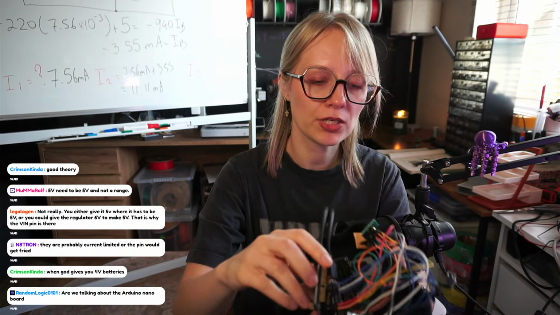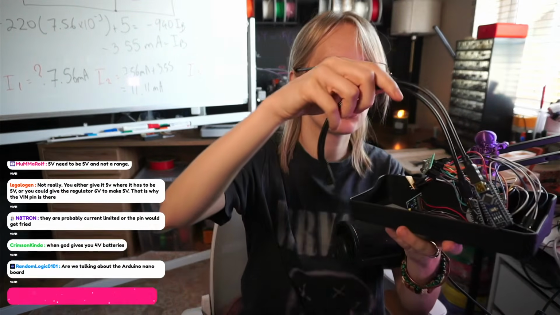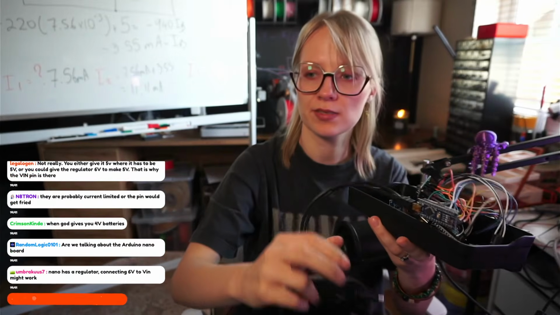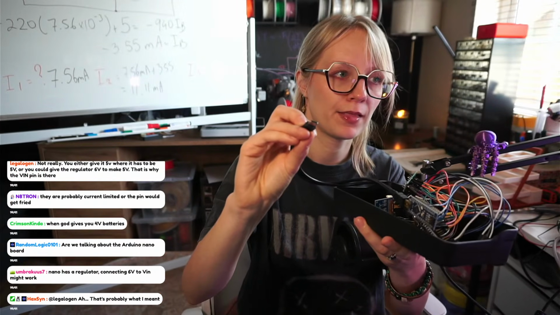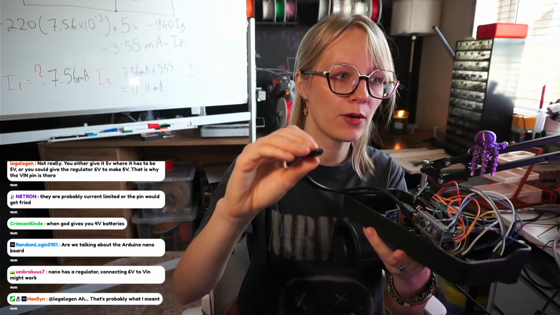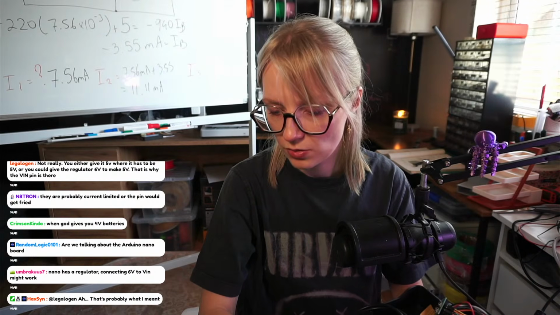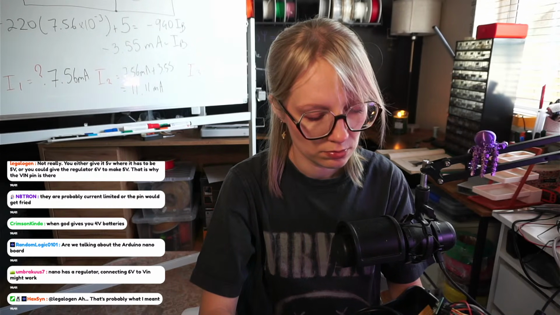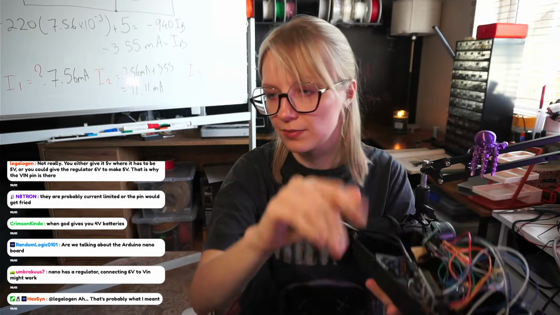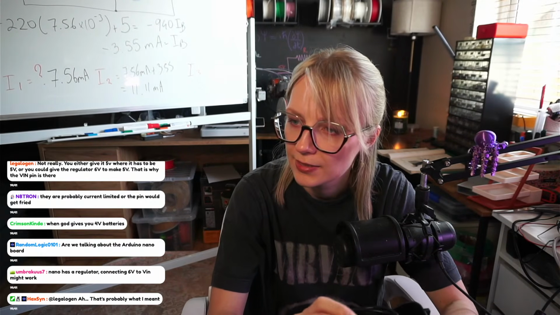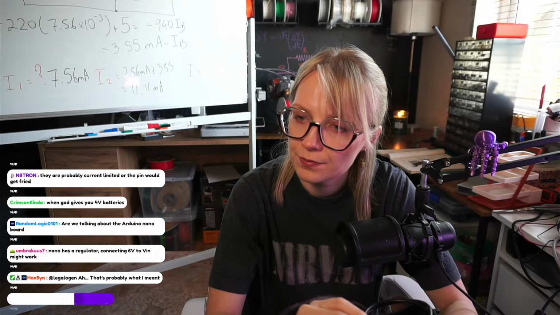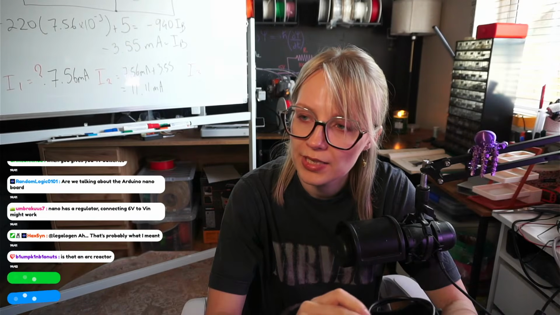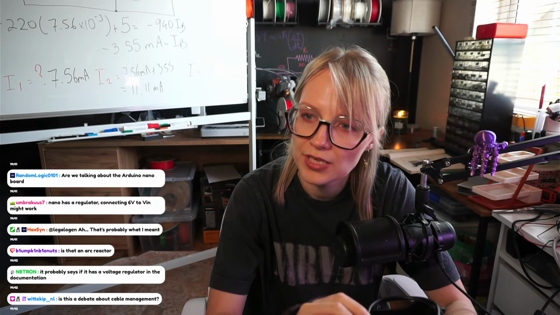So I have 2 Arduino Nanos and I can control them with one little wire like this. There you go. And so what I wanted was to basically connect these two. Yeah, there was another idea. The Nano has a regulator, so 6 volts to V in might work.